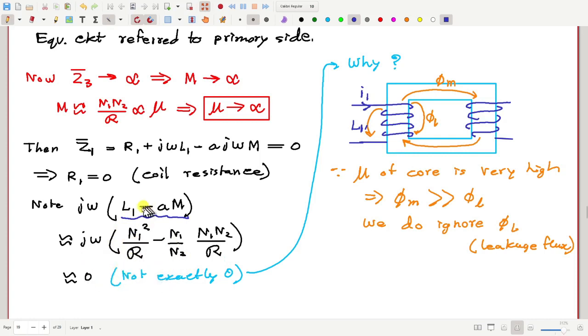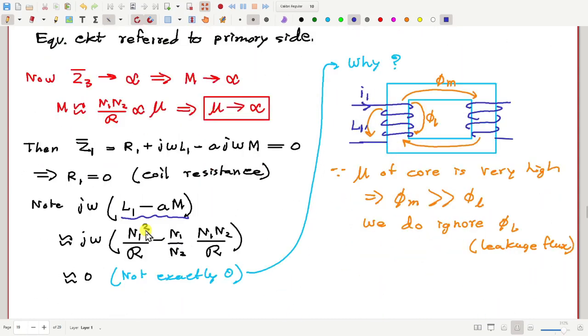Now when will it be close to 0 or approximately equal to 0? Only if this phi l is very negligible compared to phi m. Under that situation this term will be 0.